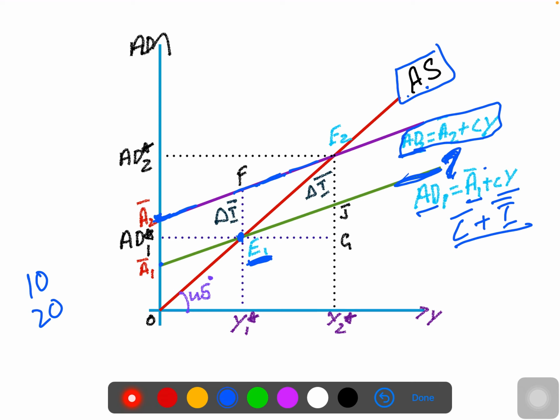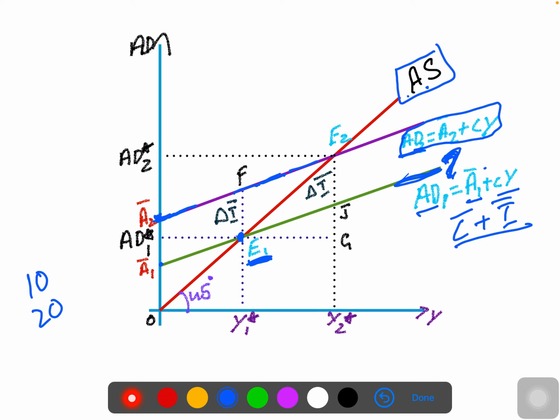When the investment first increased, you can see this is the Y, which is also called GDP, if you remember. For the first investment, Y1 and E1 was the income, the output.